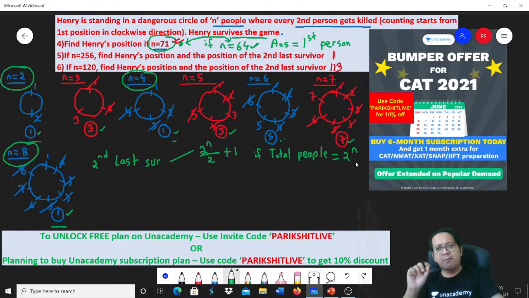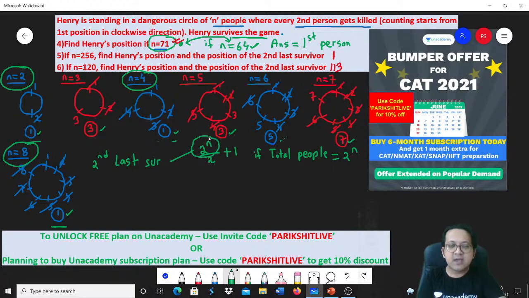If the total number of people is of the format 2 to the power n, what's your answer? Total people divided by 2 plus 1. I think that's the easiest way. So can I say if the total number of people is of the format 2 to the power n, the second last survivor is given by total people divided by 2 plus 1. So basically half plus 1. That's the answer, always.